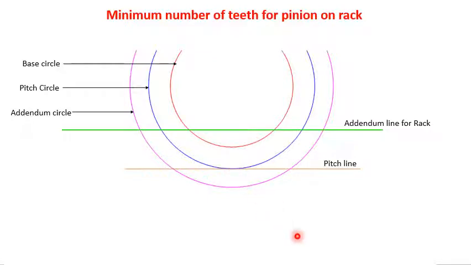In order to derive the minimum number of teeth for pinion on rack, first we draw a radius line, or radial line, from the center of the pinion to the addendum circle.